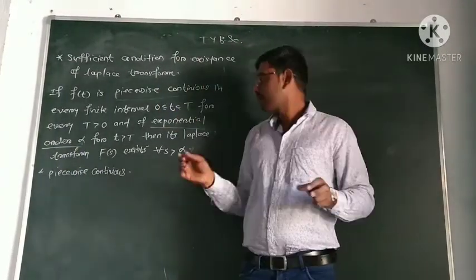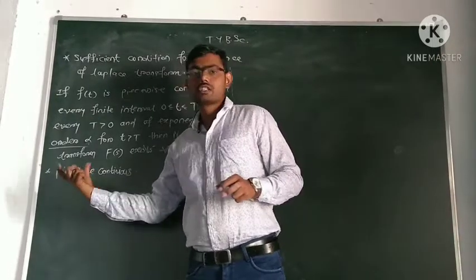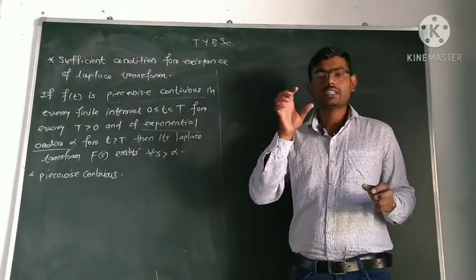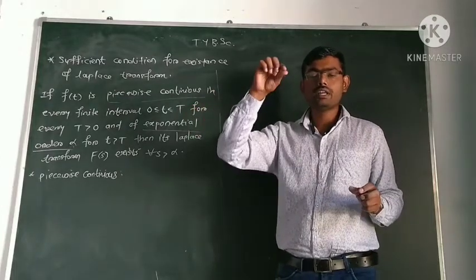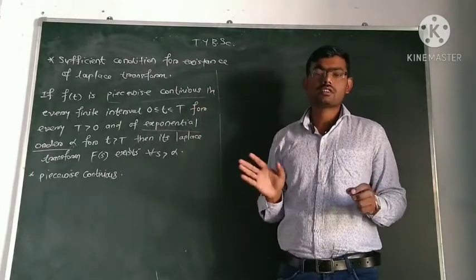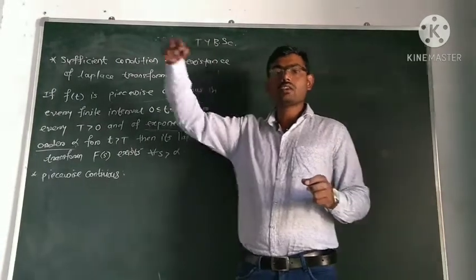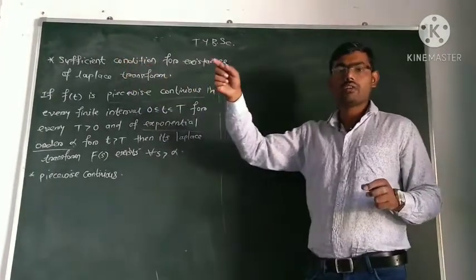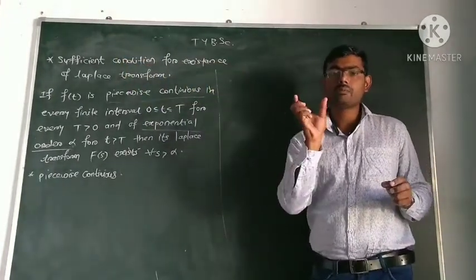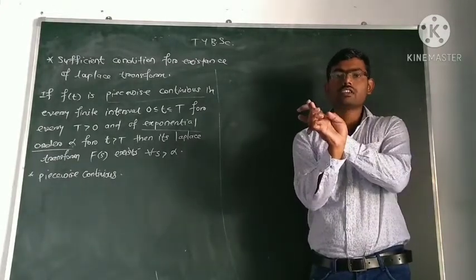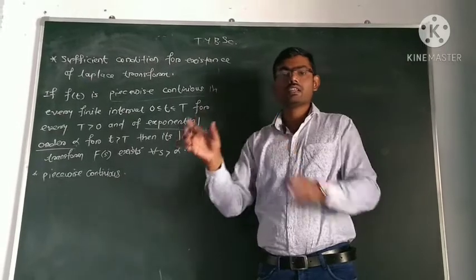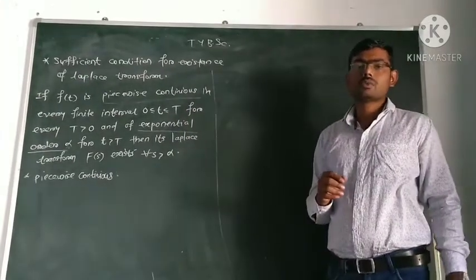But a piecewise continuous function means the function is continuous in some short intervals, but there are some points at which the function is discontinuous. The function is not totally continuous over the whole interval. The function is continuous in parts. It is continuous in this interval, but there is a discontinuous point, then again the function is continuous. Such functions are called piecewise continuous functions.